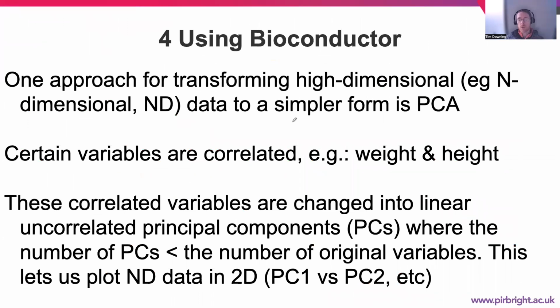Another approach that we can use is called principal components analysis. This is a way of taking our sequence data, where theoretically each site is its own dimension. So in principle, it's n-dimensional space. However, many of the sites are correlated with each other. So we're looking at how they co-vary together.